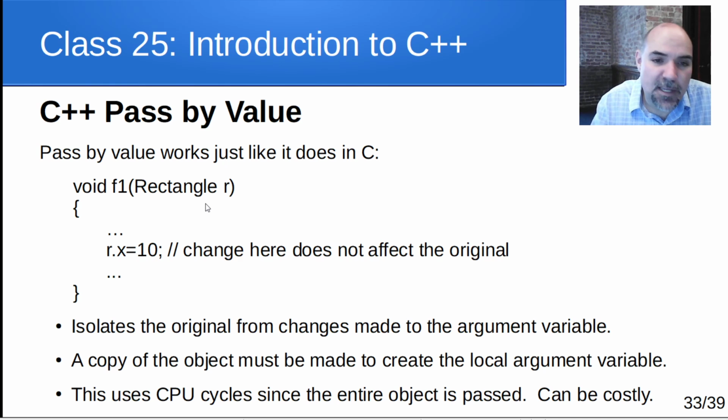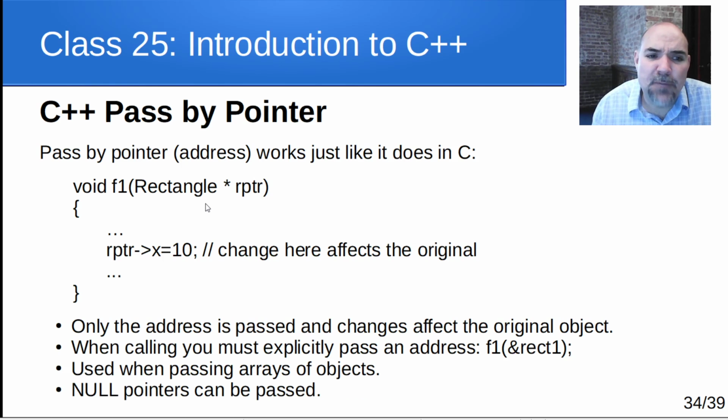Which brings us to the second thing that we talked about also in C, and that's pass by pointer. I can pass the address of something and then have a pointer inside the function get it. So the function is accepting a Rectangle pointer, and we access it through the pointer. We use the arrow operator instead of the dot operator. But this change is now going to affect the original. Since we pass the address of that rectangle, any changes we make to that rectangle are happening to the original. So only the address is passed.